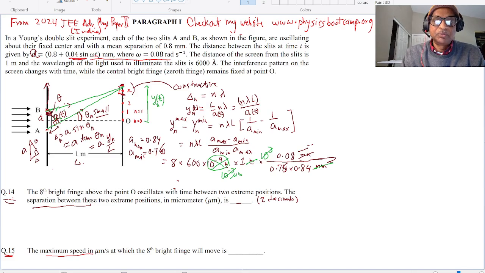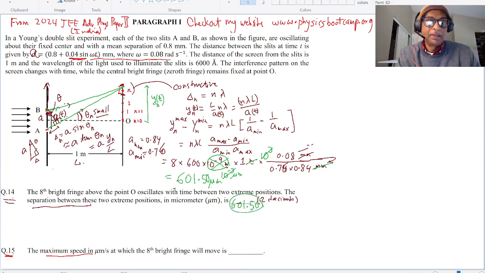I'm going to pause and do the calculator, and give you the answer. So I got 601.5 micrometer, so this will be 601.50. This will go here. Okay, that looks okay.